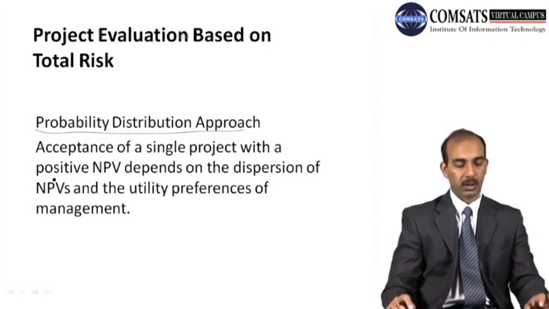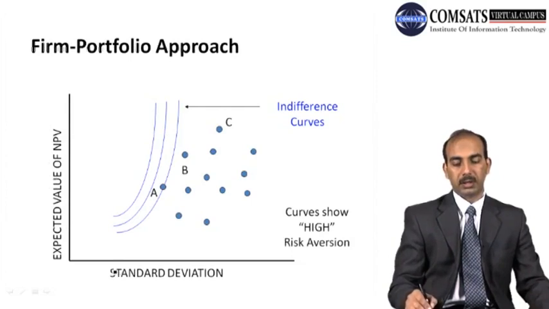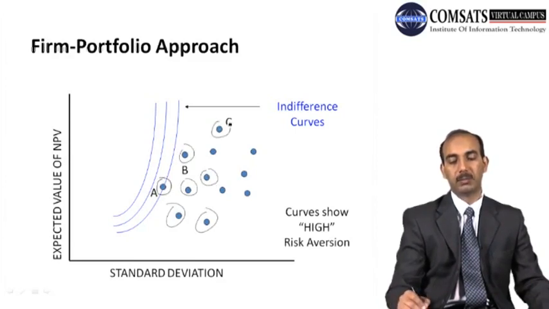So in this case, we plot a graph between the standard deviation and the expected value of the net present value, and we have different points for different projects. You can see here the project A, B and C for example.